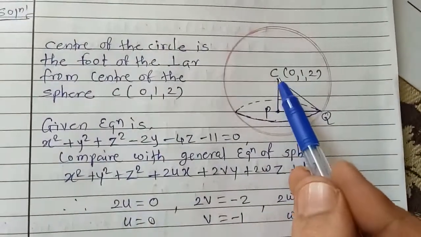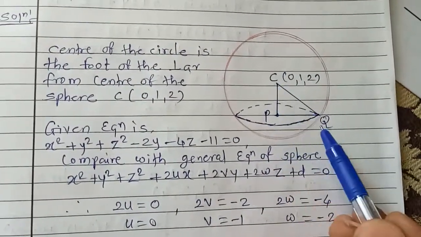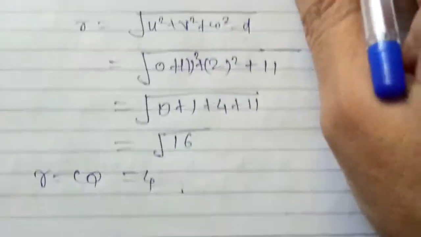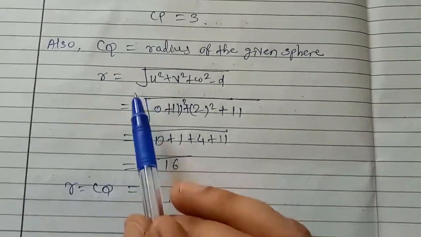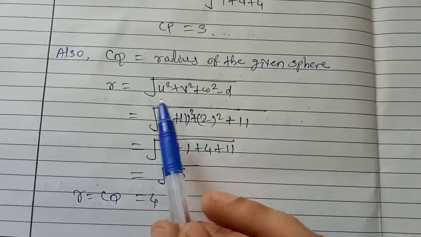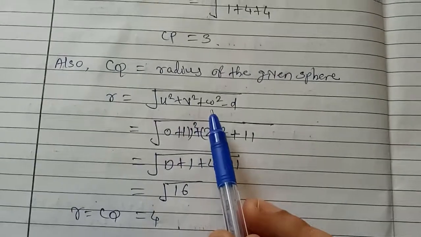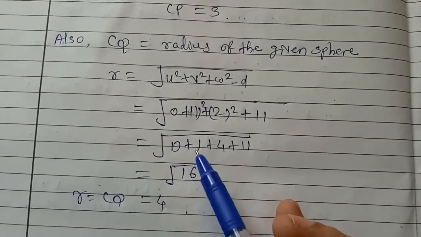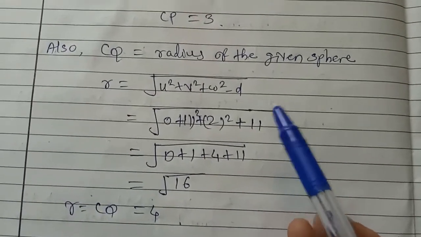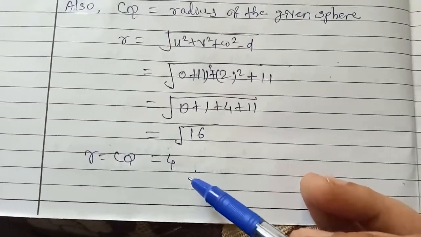So we have distance CP. Now we have to find distance CQ, which is the radius of the given sphere. By the formula, the radius of the sphere is the square root of u square plus v square plus w square minus d. If you put the values of u, v and w here, we can find the radius of the sphere.